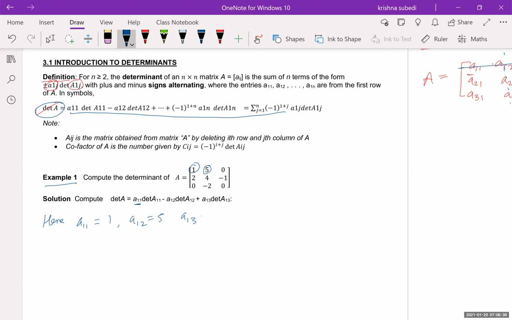First row, third column is 0. Second row, first column is 2. Second row, second column is 4. Second row, third column is -1. Third row, first column is 0. Third row, second column is -2. Third row, third column is 0.